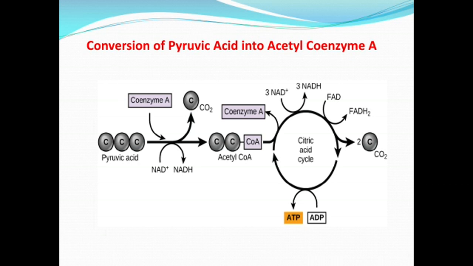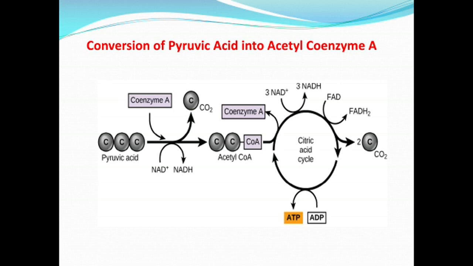Now let's start with the Krebs cycle. Before starting with the Krebs cycle, just think whether pyruvic acid directly enters the mitochondria and starts the Krebs cycle. No, it is not like that.